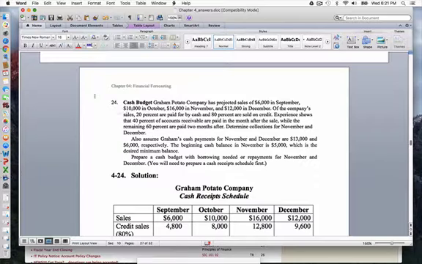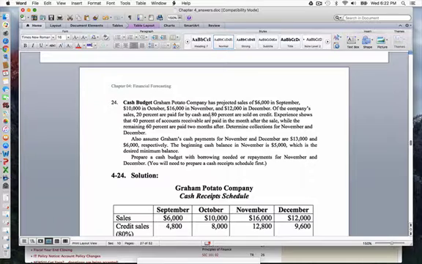So we have a company with projected sales of 6,000, 10,000, 60,000, 16,000, and 12,000. We have here sales, September to December. Of the company's sales, 20% are paid for in cash. So for the same months, 20% cash and 80% go into accounts receivable.